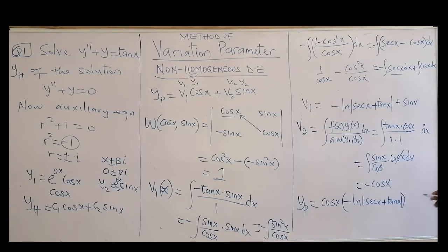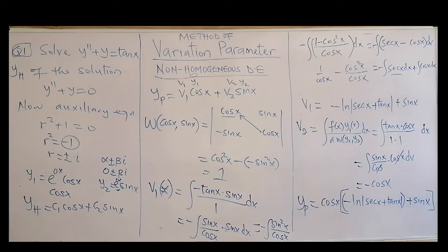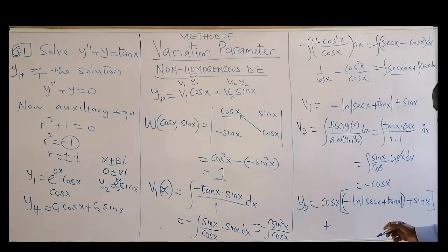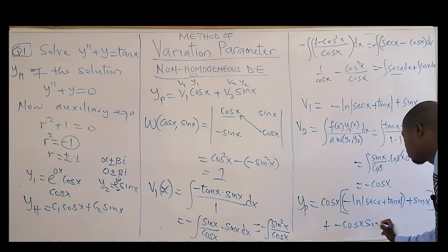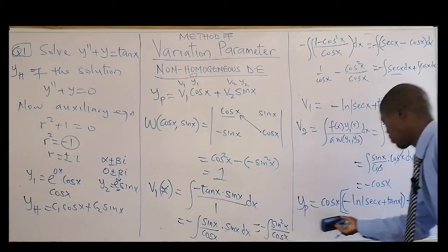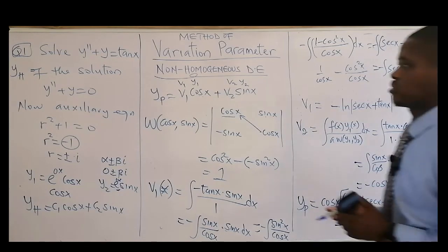Then plus B2 times sin x, where B2 is minus cos x, so plus minus cos x sin x. So automatically the sin x cos x terms cancel. So that's our answer. We don't need to do any rearrangement, just leave it that way. So that's the answer for that question.